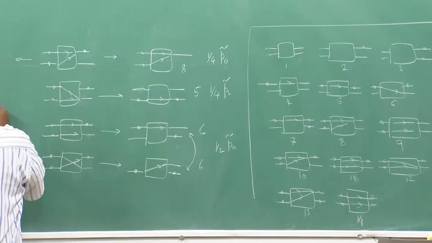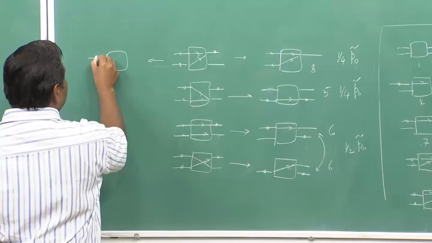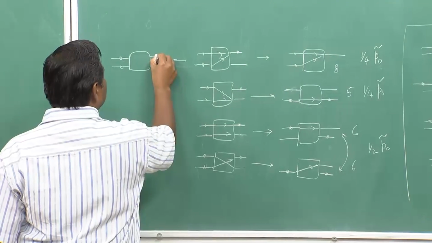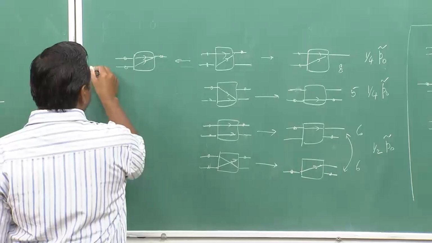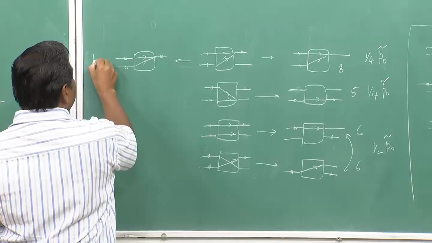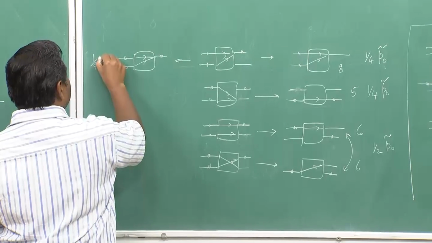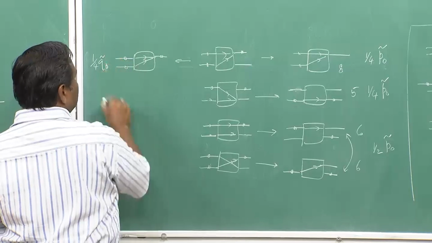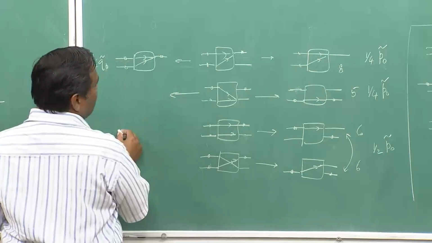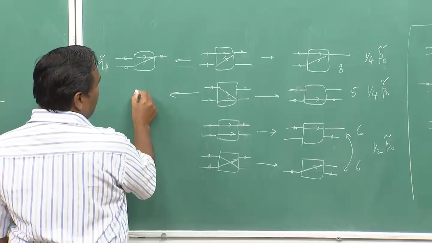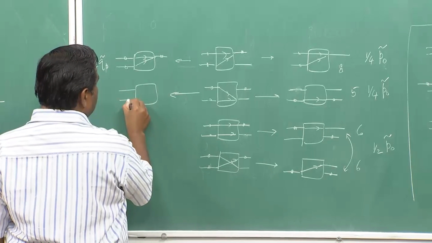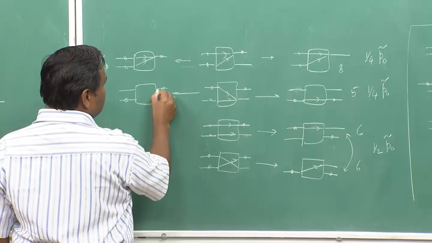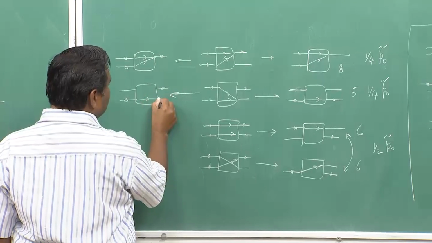If the packet does not go out, you will end up in this same situation. None of them go, they will just be contending, you are here. So, this will be happening with 1 by 4 q 0 tilde, this will be converted to one packet here, this packet remains as it is, and one of the packets will get transferred.